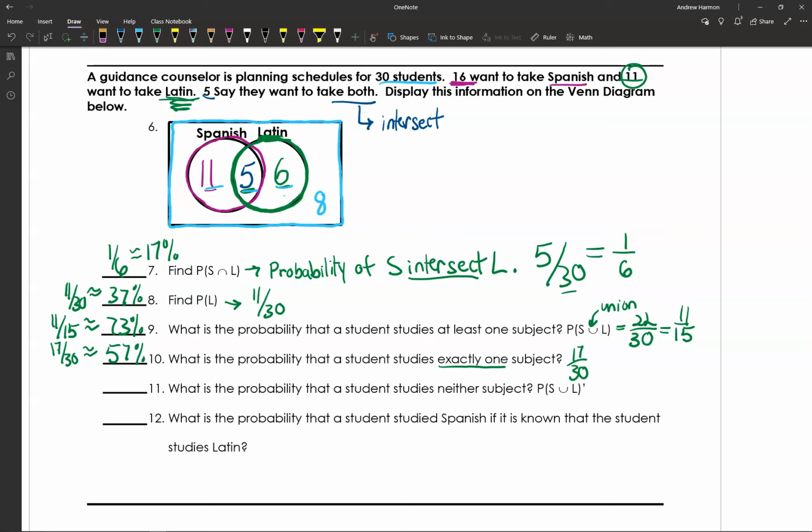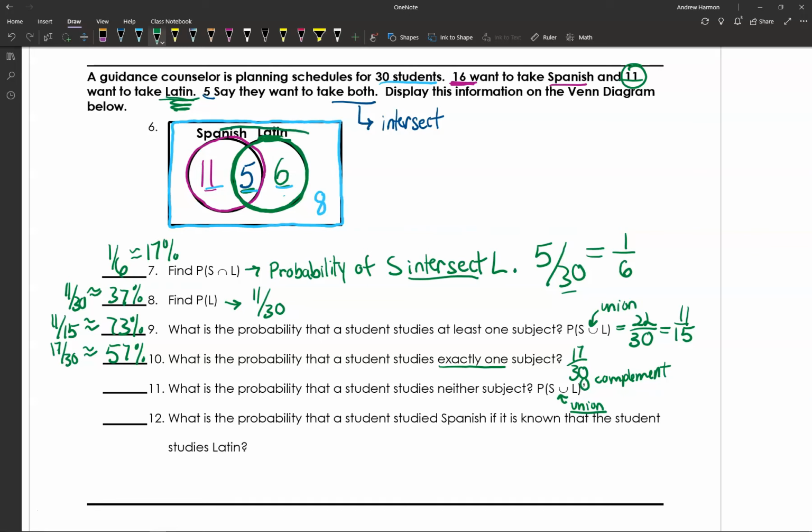Number 11. What is the probability that a student studies neither subject? And so basically what we're finding is the probability of S union L, remember this means union, and then this symbol means complement. So what we're finding here is what is not in our union.